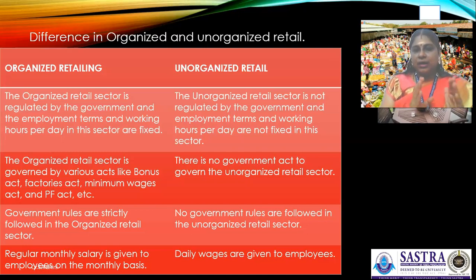You should adhere to the rules and regulations of the government in the organized retailing sector, especially in the malls, supermarkets, or departmental stores. But in unorganized retail, no government rules are followed. Even the expiry dates, packing and labeling are not available on the goods in the unorganized retail sector.